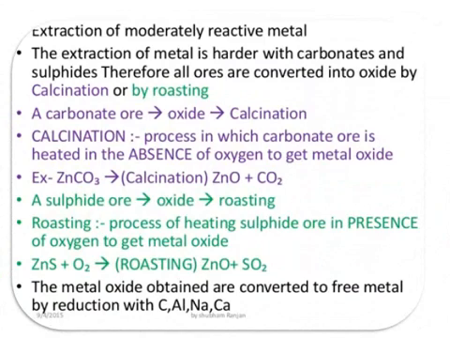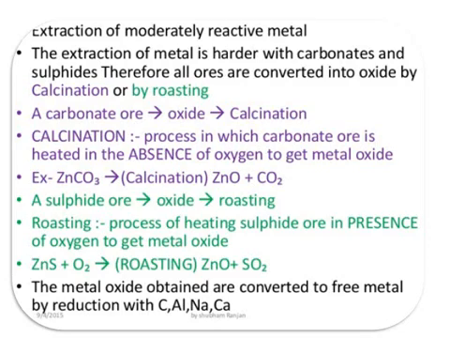Children, let us pass on to the extraction of metals present in the middle of the activity series, of medium reactivity. The metals in the middle of the activity series, such as iron, zinc, lead, copper, etc., are moderately reactive. These metals are usually present as sulfides or carbonates in nature.